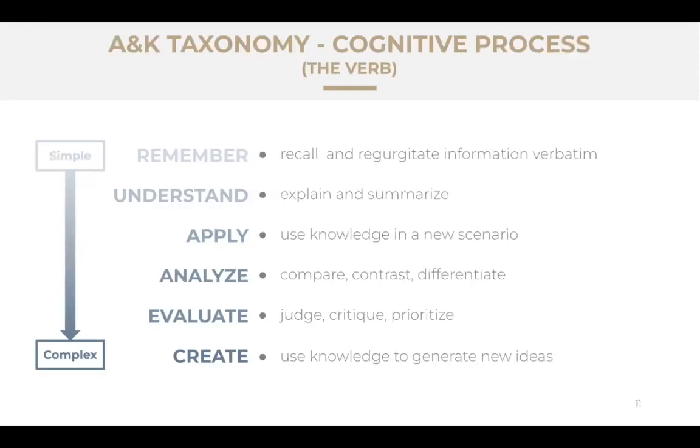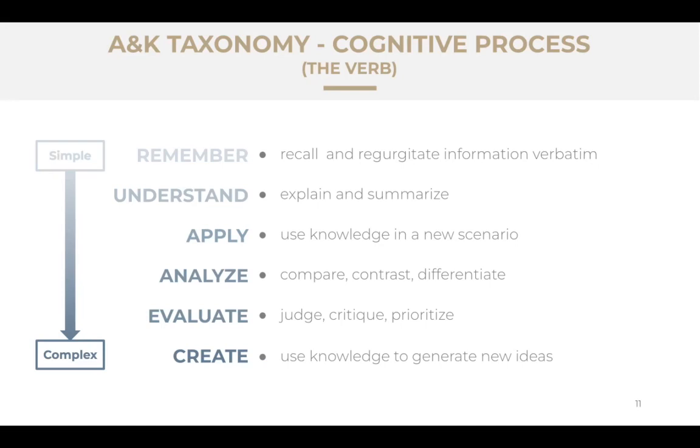And so the taxonomy really is a two-dimensional taxonomy. One dimension is the cognitive process, and those things range from simple to complex. And there are 6 categories. So remember is being able to regurgitate or recall information verbatim without necessarily understanding it, right? So when you cram for an exam, that's remembering, right? Understand means that you're able to explain and summarize using your own words, right?